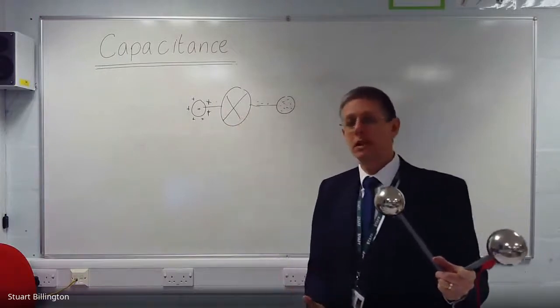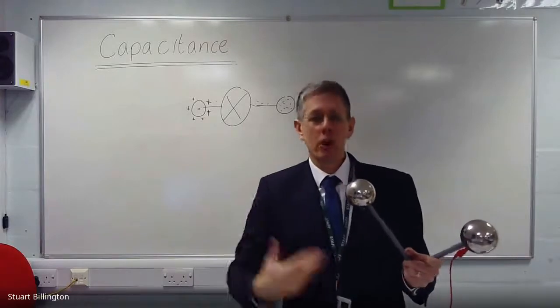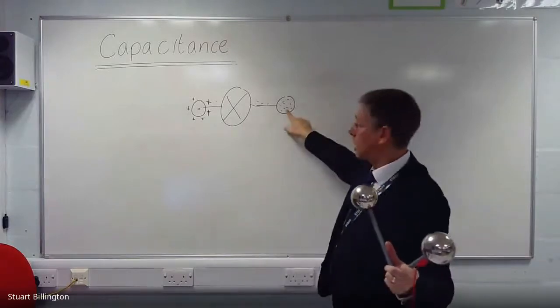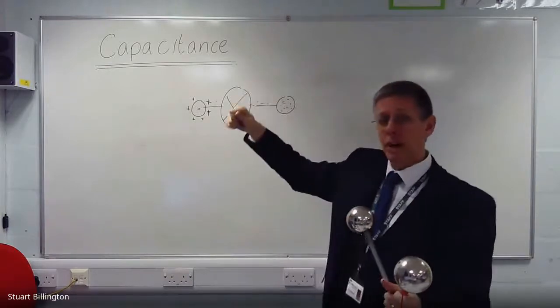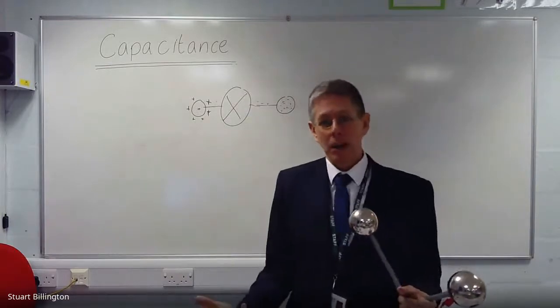But there's no process to maintain the charge, which means that it's like a bucket of water that we're just emptying out with no tap to fill it back up again.